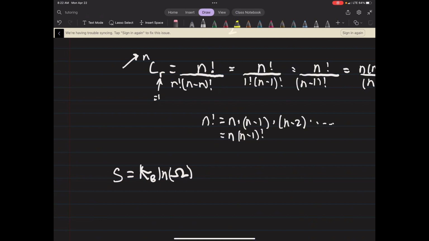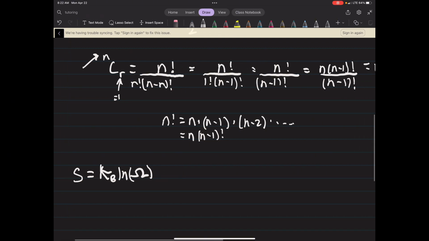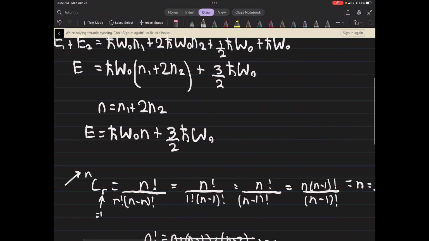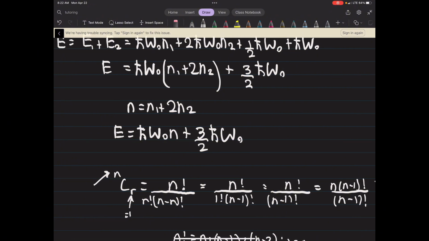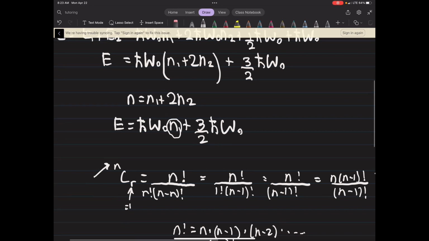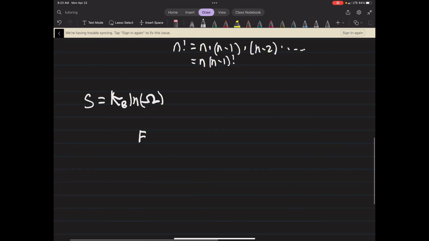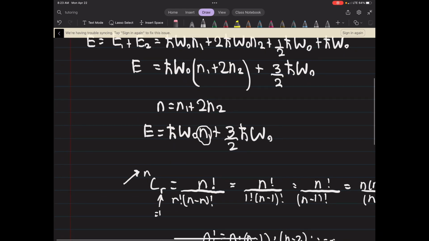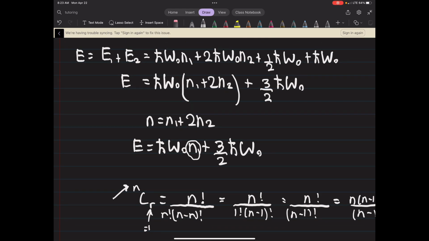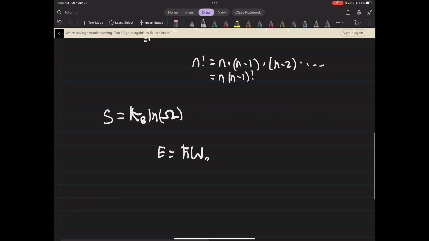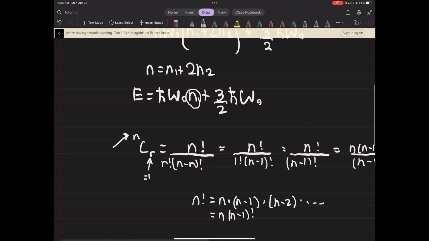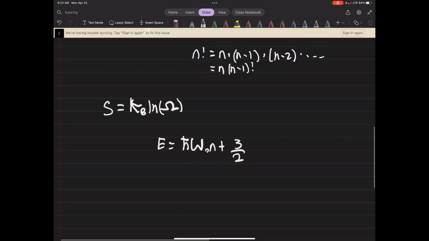Well, what we can do then is, if we look at our energy equation, we can solve for n here. So E is equal to h bar omega naught n plus 3/2 h bar omega naught.